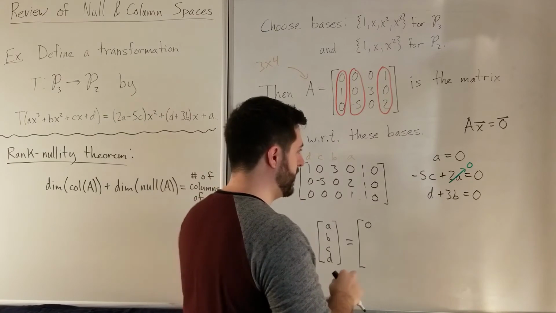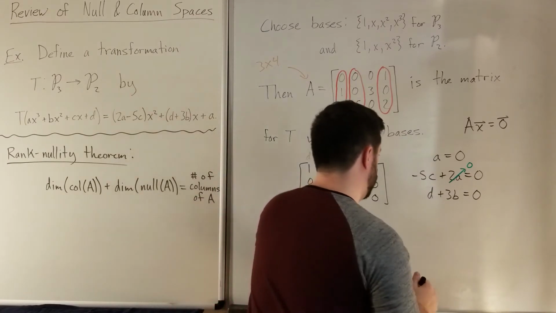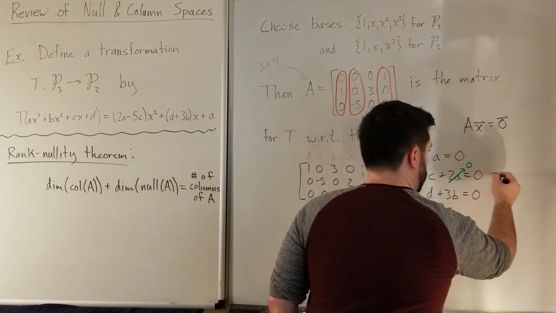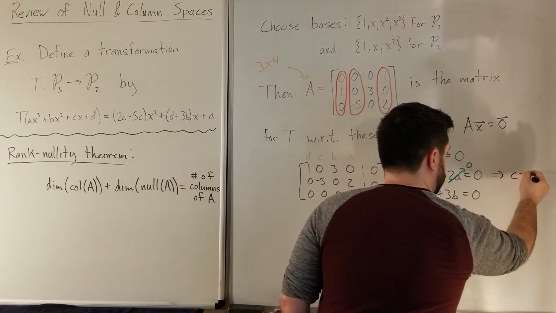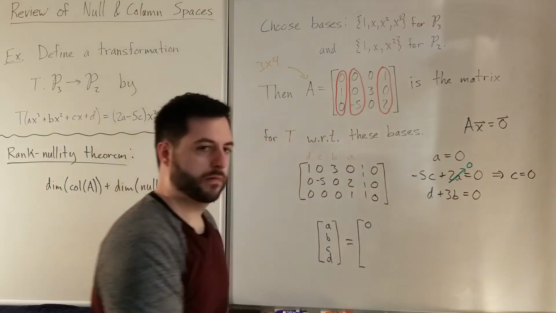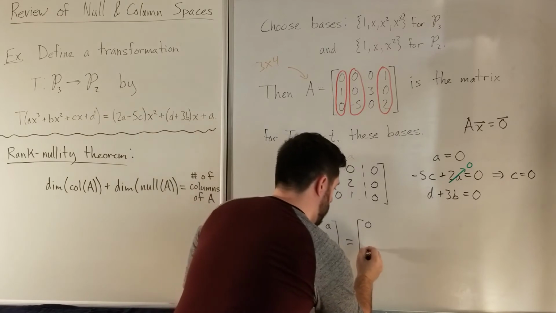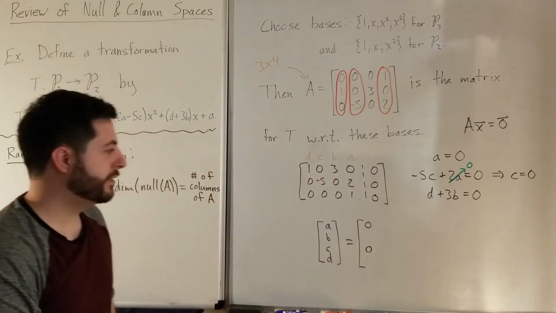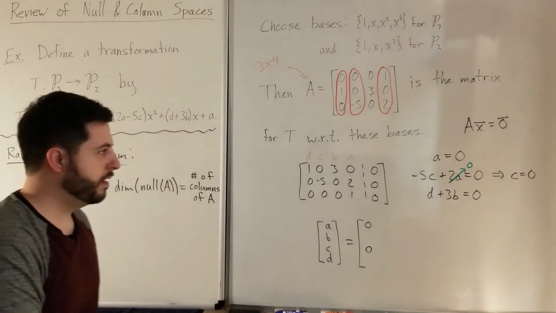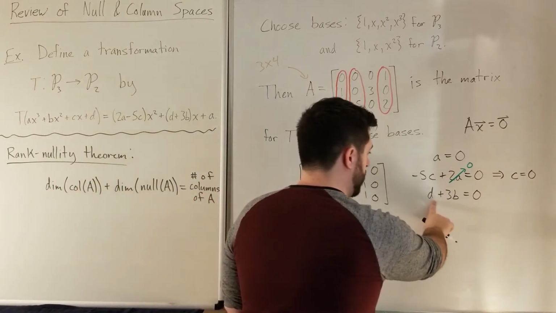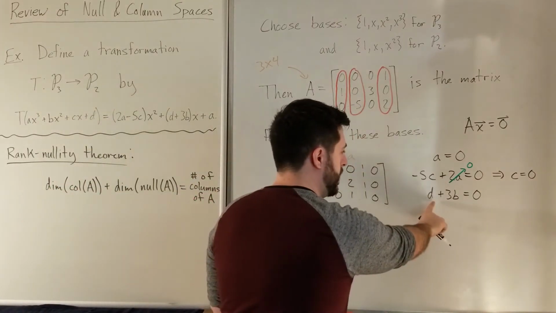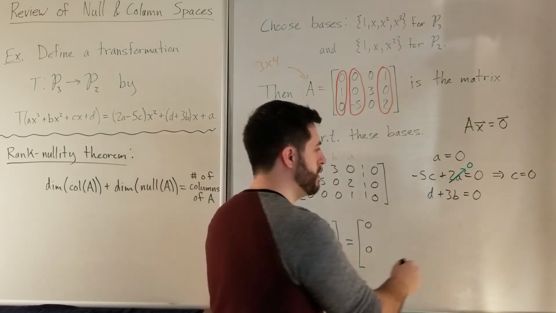And I know that negative 5c must be 0. So that's going to tell me that c is 0 as well. Okay, so the first and third entry of this are 0. And this is the only interesting one we have. So d plus 3b equals 0.